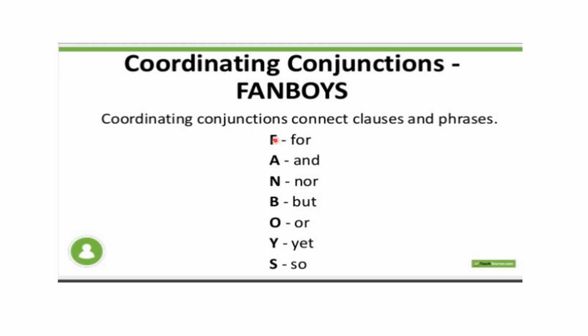So these are the coordinating conjunctions that you will keep in mind. You'll remember FANBOYS. F for, A for and, N for nor, B for but, O for or, Y for yet, and S for so. So FANBOYS are the coordinating conjunctions connecting clauses to make a compound sentence.